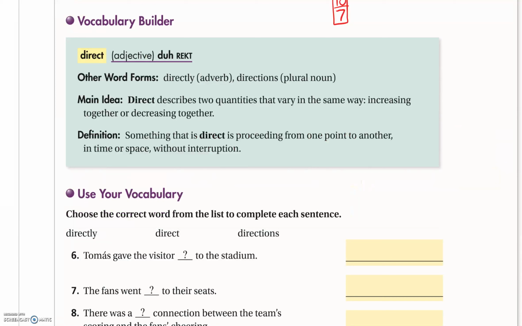Moving down to vocabulary, the main idea here is direct variation. Direct describes two quantities that vary in the same way, either increasing together or decreasing together. So we can see in direct variation that they have to increase or decrease.